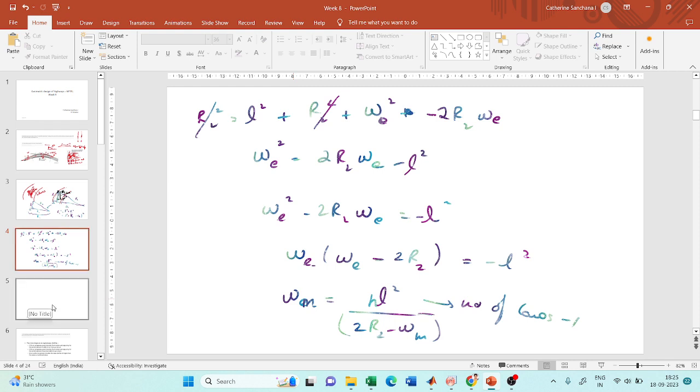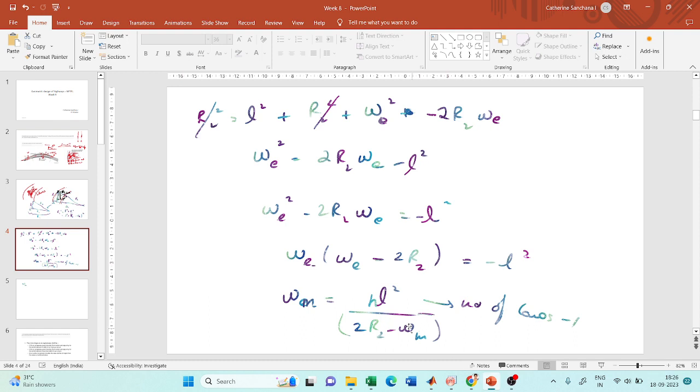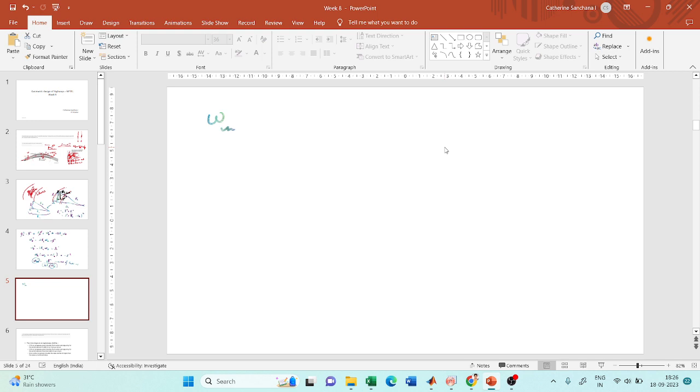This is not the final equation because, if you see here, it is kind of like an implicit equation, because you have Wm on this side as well as Wm on the other side. So if you approximate, we wrote R1 is equal to R2 minus Wm, right?